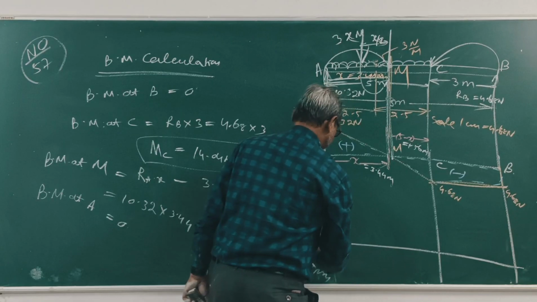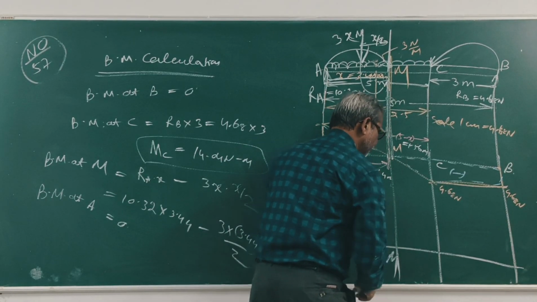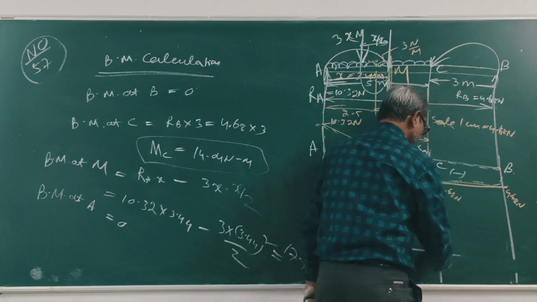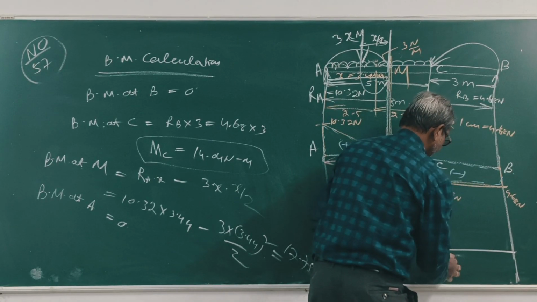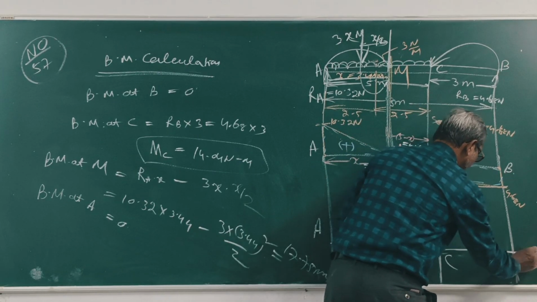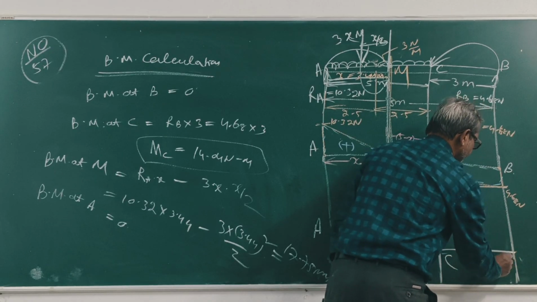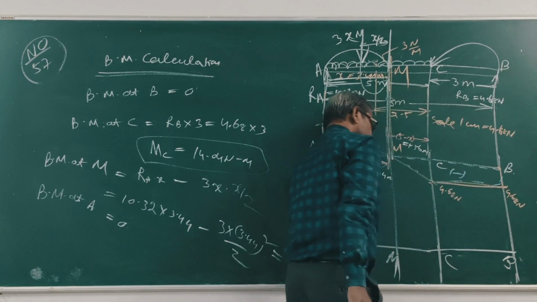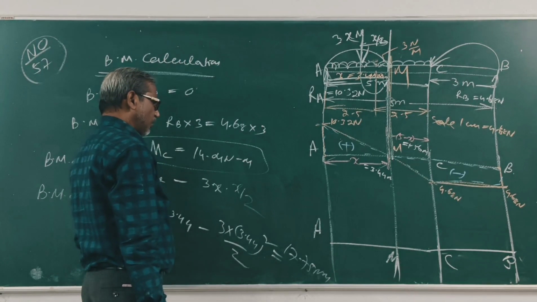A, this is M, this is point C, B. Clear? Now take scale 1 to 10.